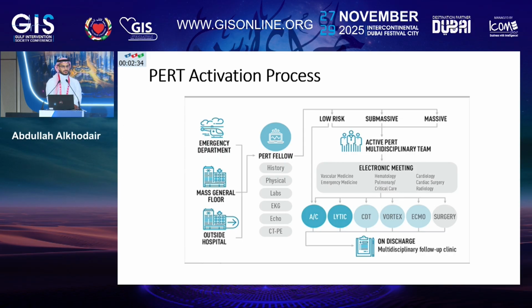The PERT activation process, again, is variable by different hospitals, but basically it includes early identification of those patients, and then early risk stratification and early discussion to decide what's the best intervention or treatment for those patients.